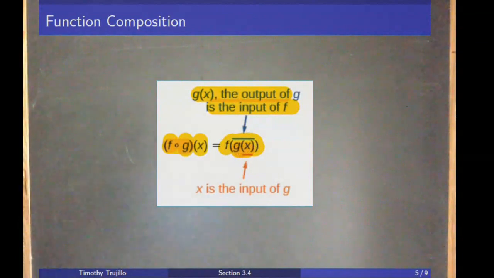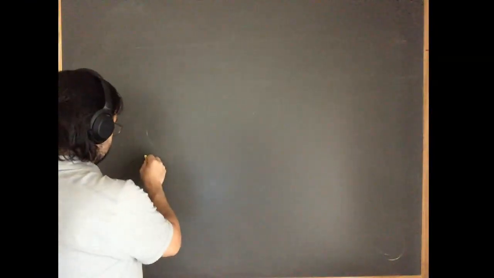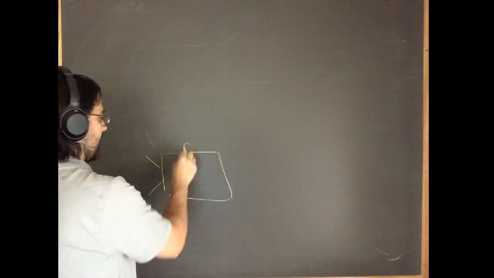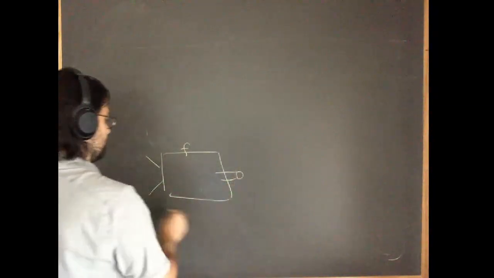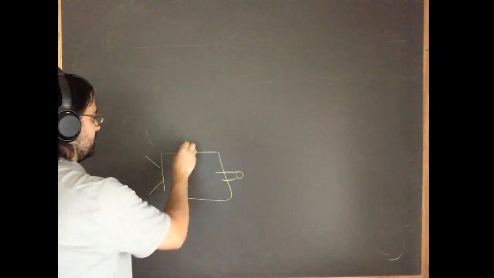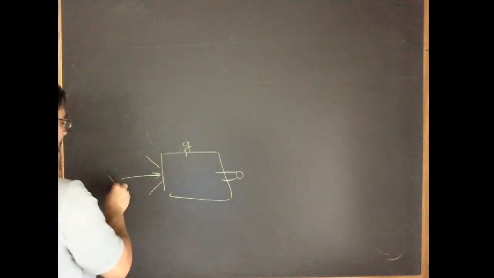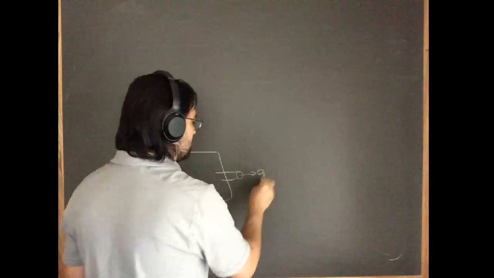And the picture is similar to what we had before, but instead of being in parallel, they're what's called in series. Let's put g first here. So here's x going in, and the output is g of x.